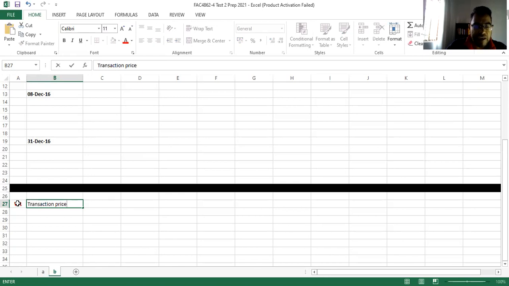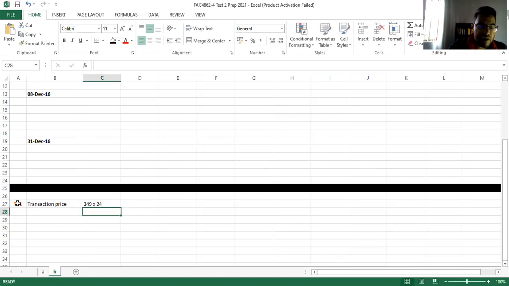The transaction price is 349 multiplied by 24 months. So this is equal to 349 times 24, and the transaction price is 8,376.